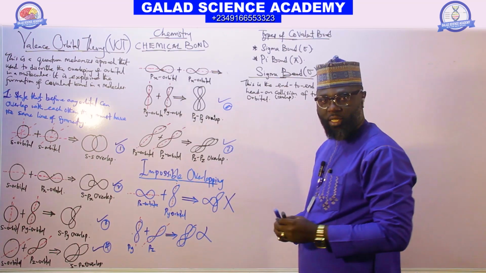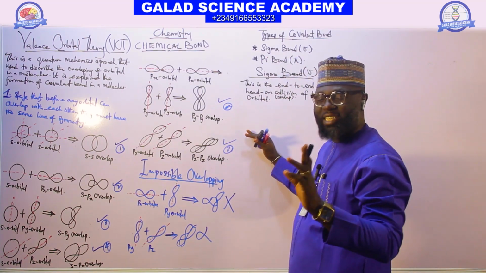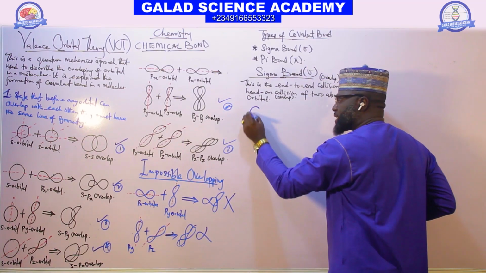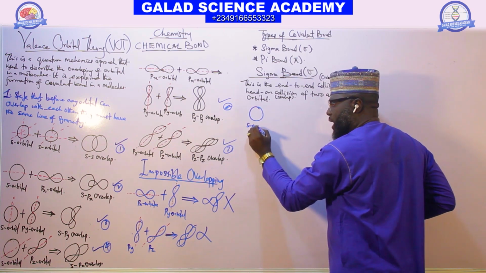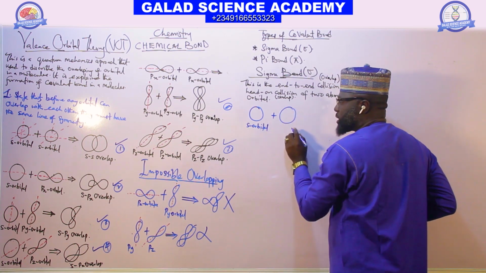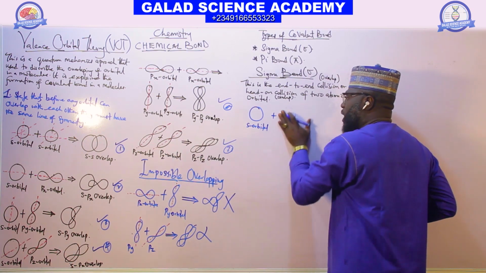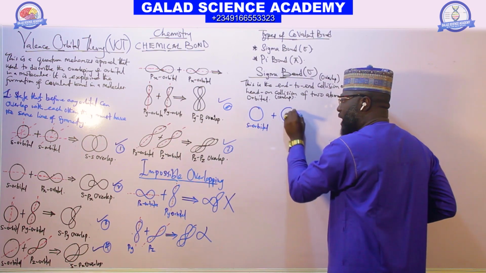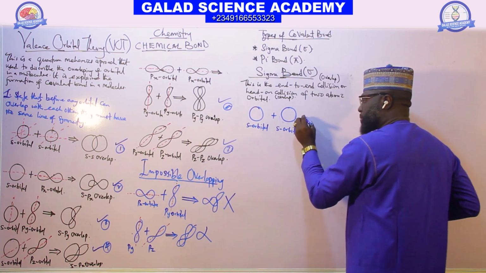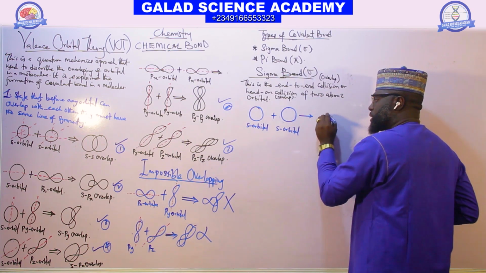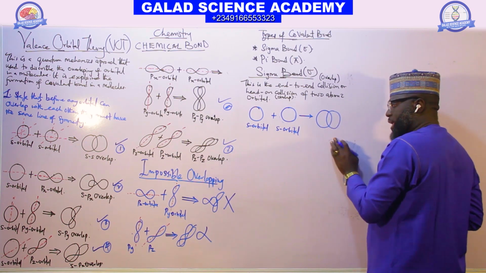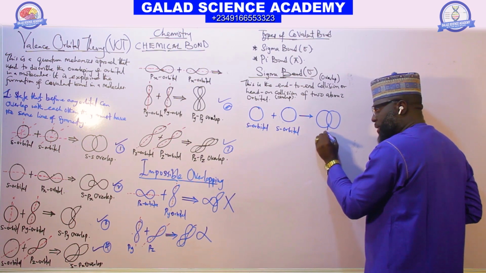And the sigma bond can exist in three forms of overlapping. The first one is s orbital overlapping with another s orbital. You can see this overlap here.